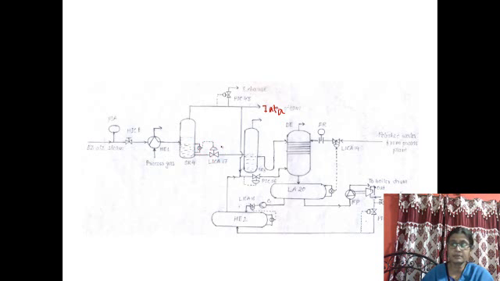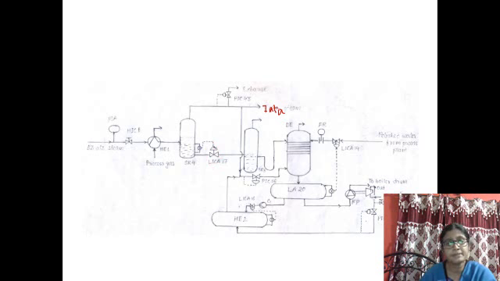That means we should consider whether this is a pneumatic valve, is it air failure to open type or air failure to close type, and what type of controller, that means direct action type or reverse action type controller, should be connected here. Say for this system, what type of controller should be used? First, the valve type.